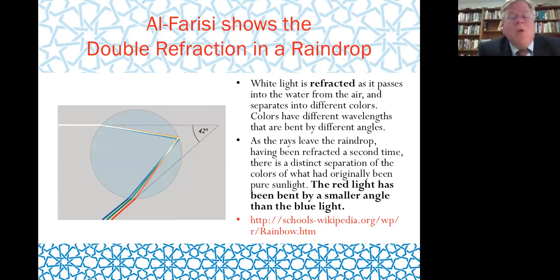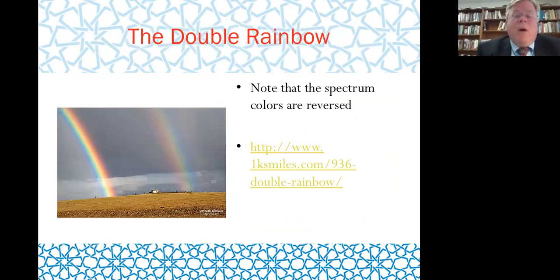In each case, when it enters the water and then when it leaves the water, including a reflection at the midpoint. And by the time the light leaves the water, the colors are refracted to the point where a rainbow spectrum is produced.